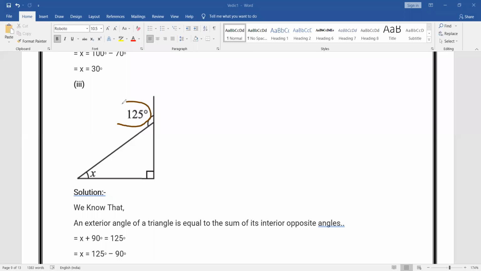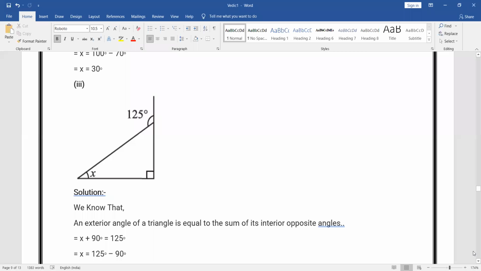This 125 is equal to the sum of x and 90. When we add x and 90, it is equal to the exterior angle. Then what will we do? We will transpose 90. 125 में से 90 subtract हो जाएगा. And then we get our answer.